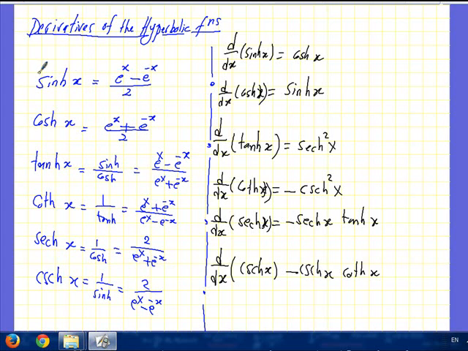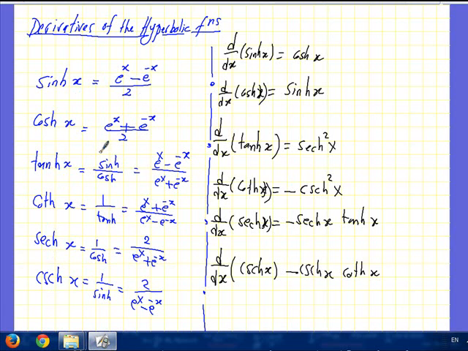Now we have to find the hyperbolic functions, which are الدوال الزائدية. We will recognize what we call sinh, cosh, tanh, coth, sech, cosech. What is the meaning of sinh x? It means e to the power x minus e to the power negative x, over 2.